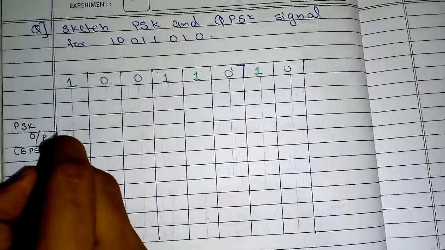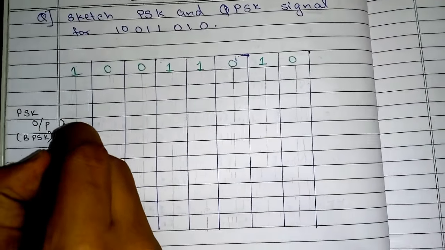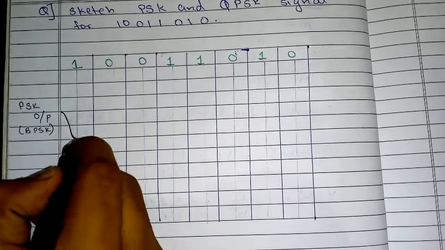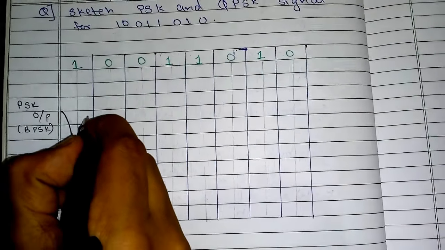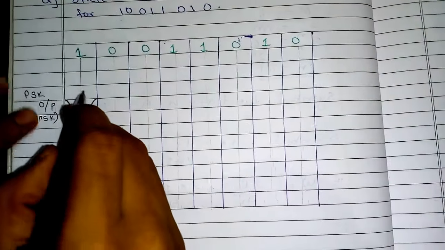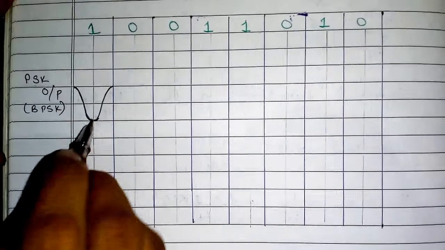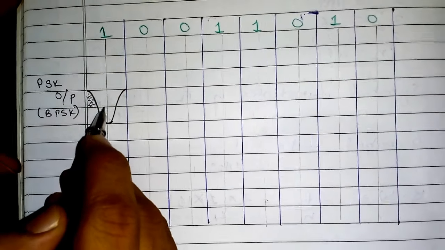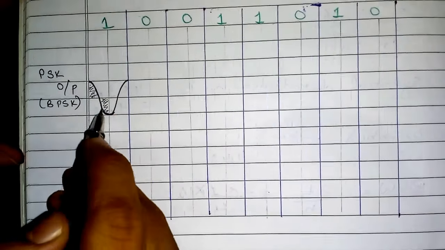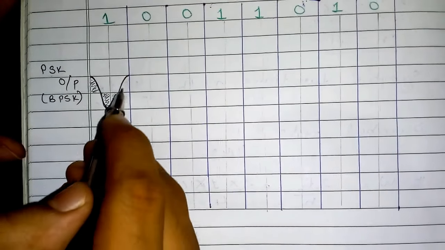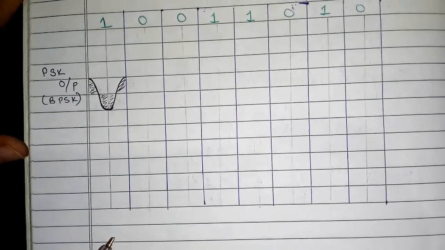For 1, it starts from high, goes halfway low, then starts low, goes high. So I have this halfway division: it will start high, change at halfway, then start from low and go high.